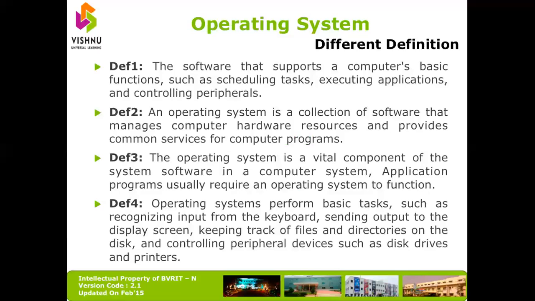Now, the fourth definition says an operating system performs basic tasks such as recognizing input from the keyboard, sending output to the display screen, keeping track of files and directories on the disk, and controlling peripheral devices such as disk drives and printers. What is the most important part we have to focus on here is, I can go to my computer, I can go to any specific drive like C drive or D drive.